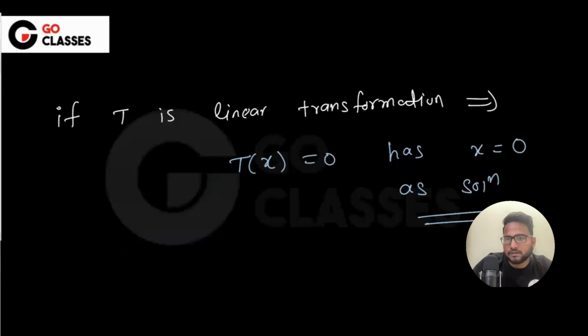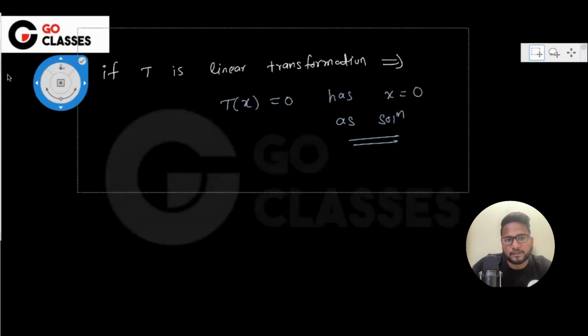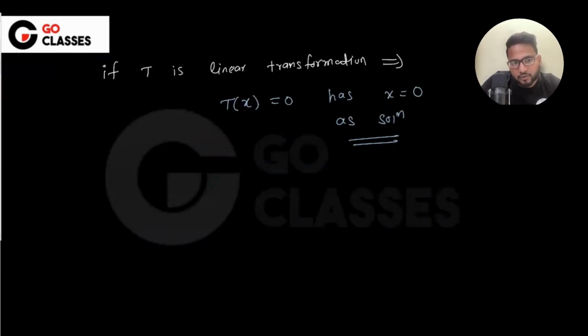Now let's see this. Suppose I tell you something like this. This is true, that's fine. But interestingly, let me ask you some question. Let me see how many of you can answer. Suppose this is the new question that I want to ask.